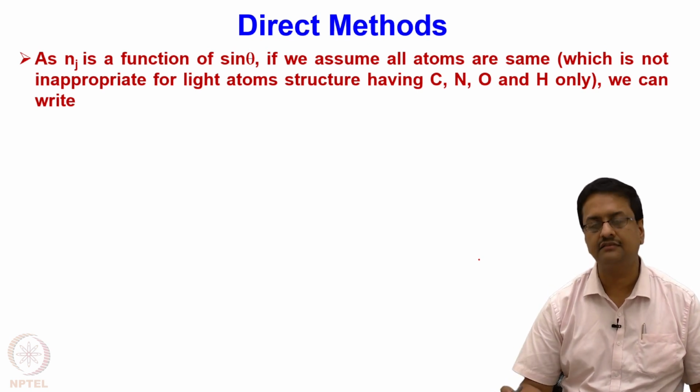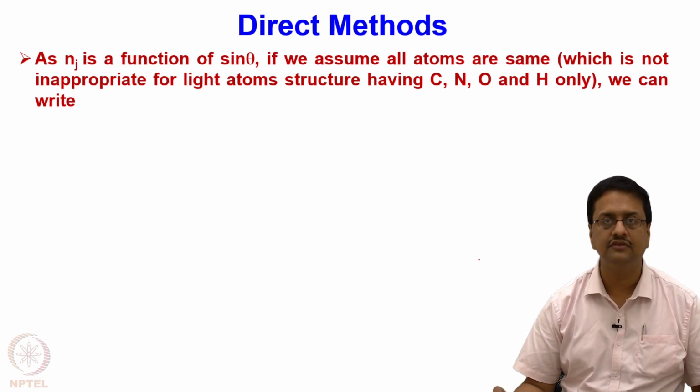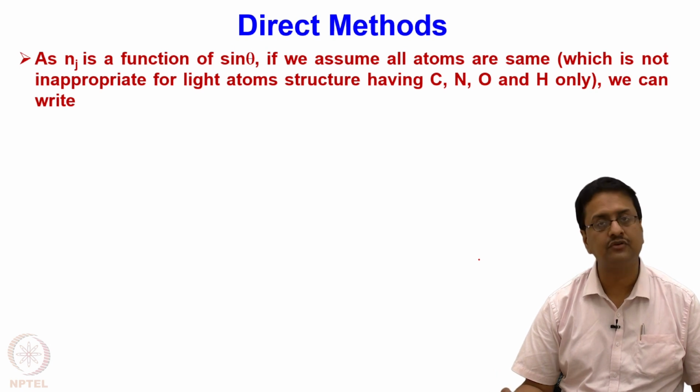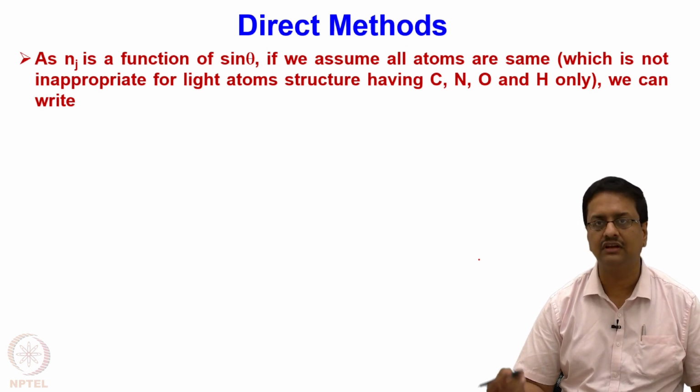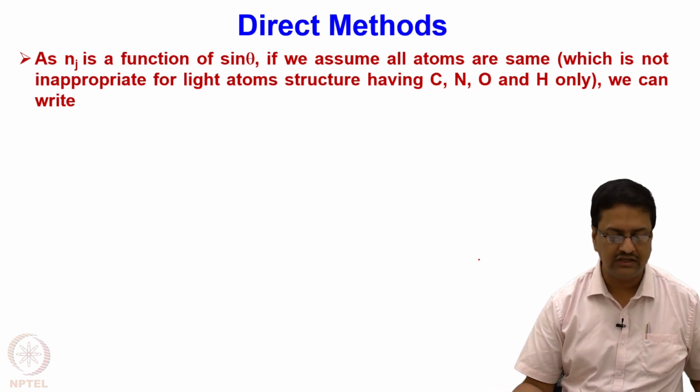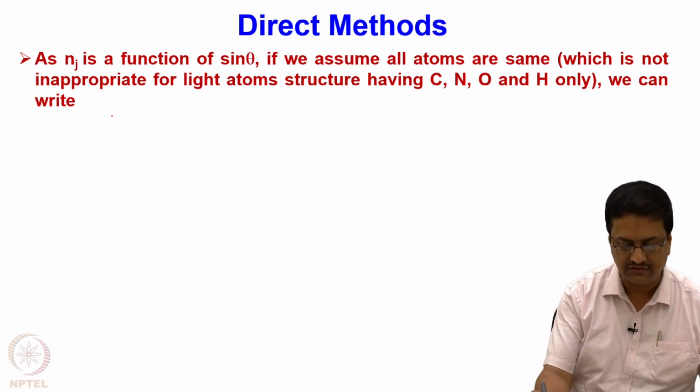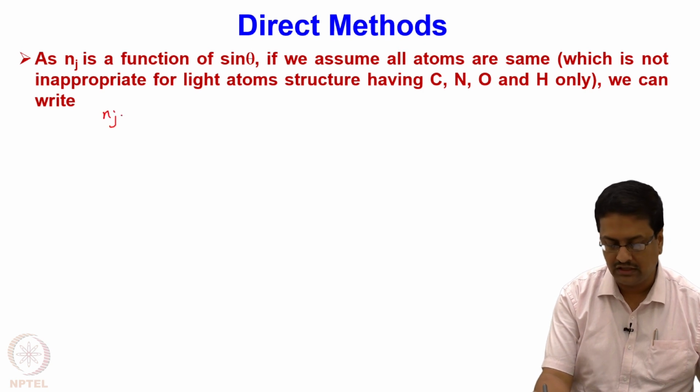As Nj is a function of sin theta, we assume all atoms are same, which is not inappropriate for light atom structures having only carbon, nitrogen, oxygen and hydrogens in the structure. So, we can further write that Nj is equal to 1 by n.